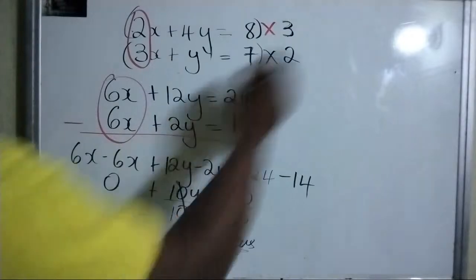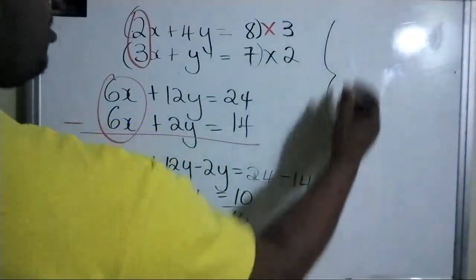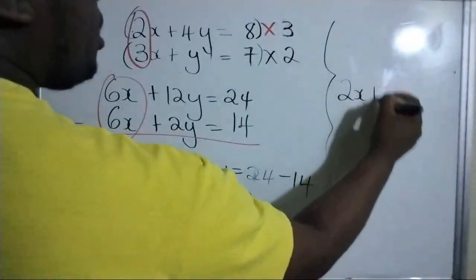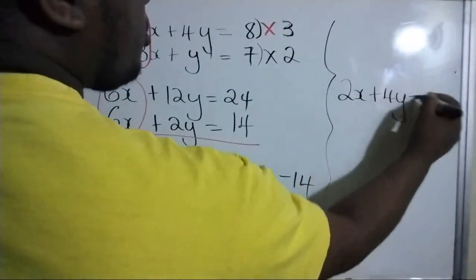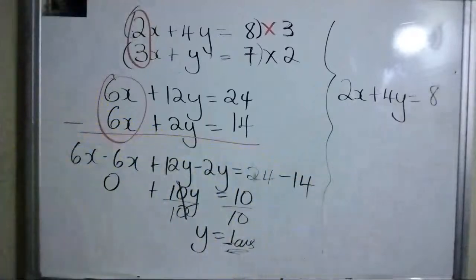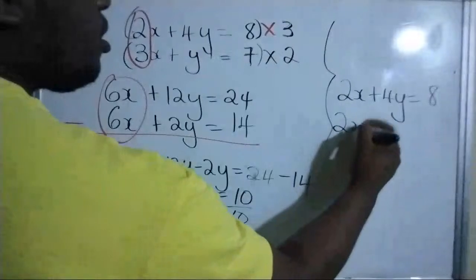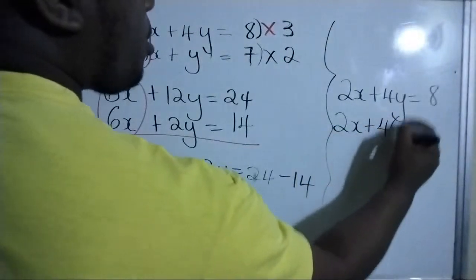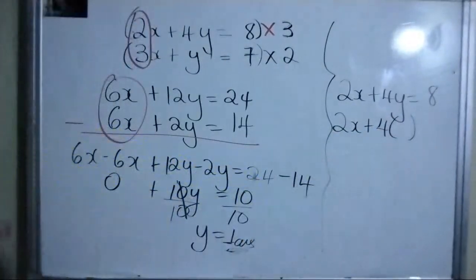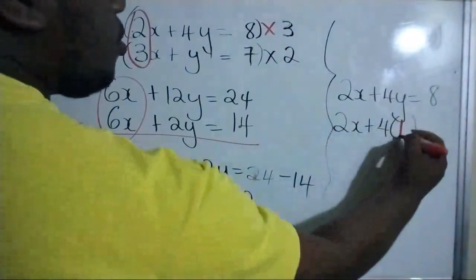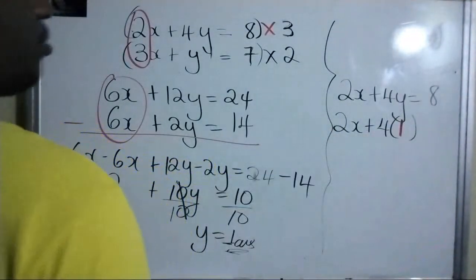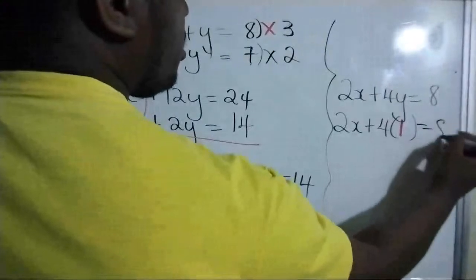So we write back equation 1: 2x plus 4y must equal 8. But we know the value of y, so we're going to replace y with 1. So therefore we're going to have 1 unknown now.